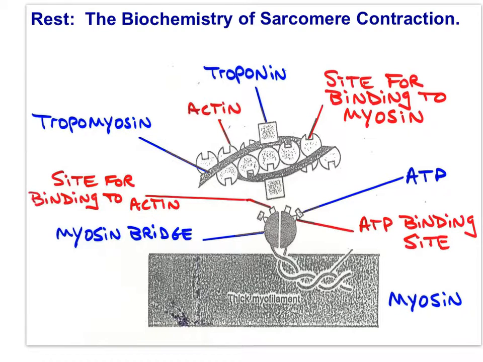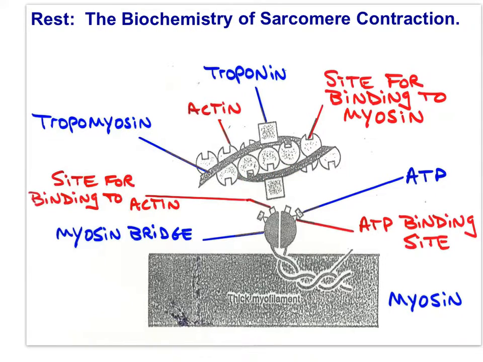Once again, but a different image. We have the actin, the tropomyosin, and the troponin. Here is the myosin with a head that binds ATP and hydrolyzes ATP. You can see how the myosin heads might bind to the actin if the binding sites on the actin were open. Now at rest, the binding sites on the actin are blocked by tropomyosin.